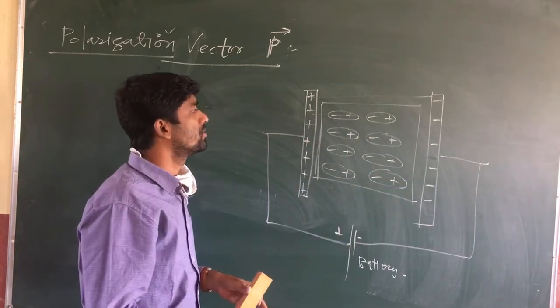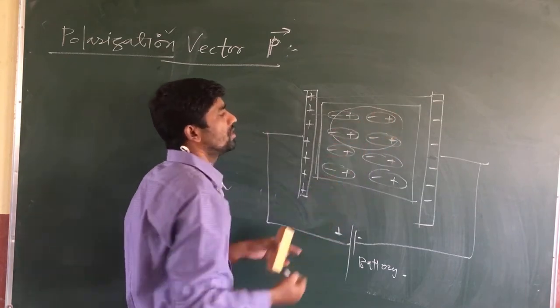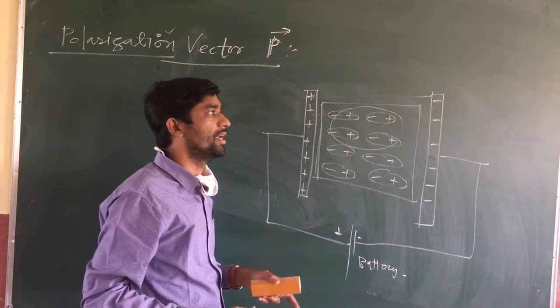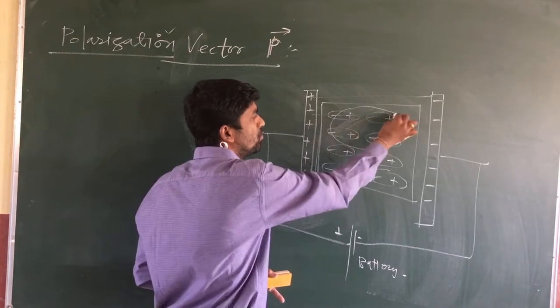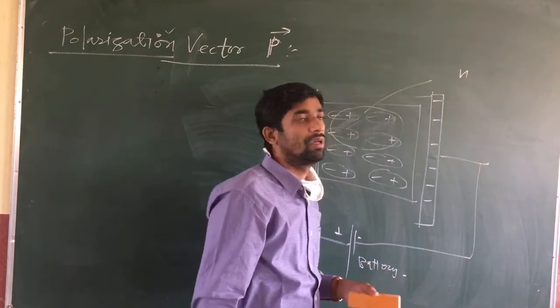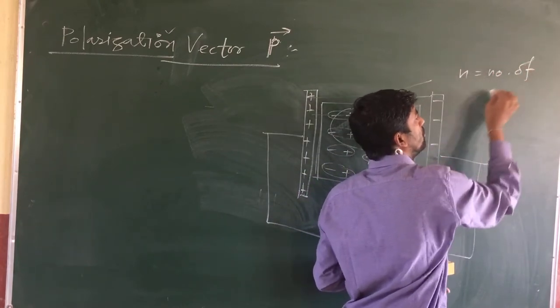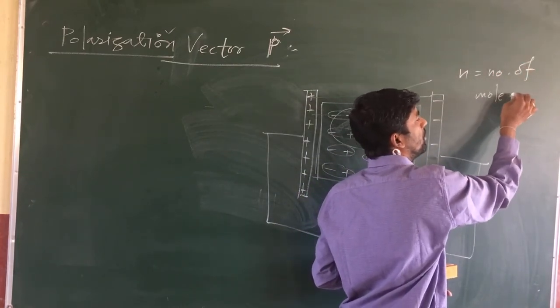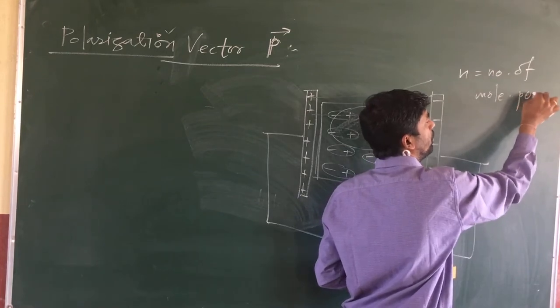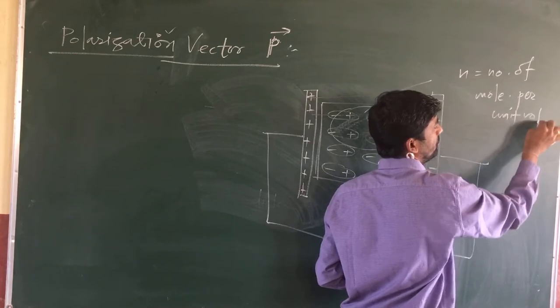If I take a small volume of the dielectric material, this small volume consists of n number of molecules. What is n here? N is the number of molecules per unit volume.